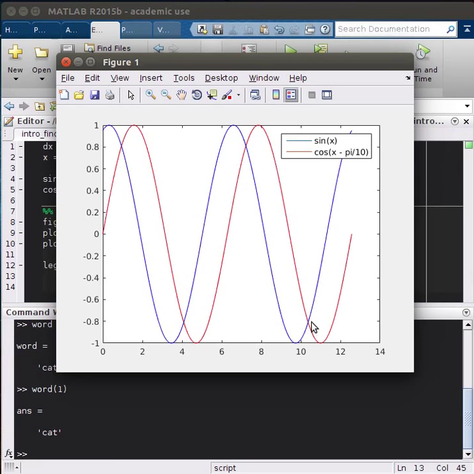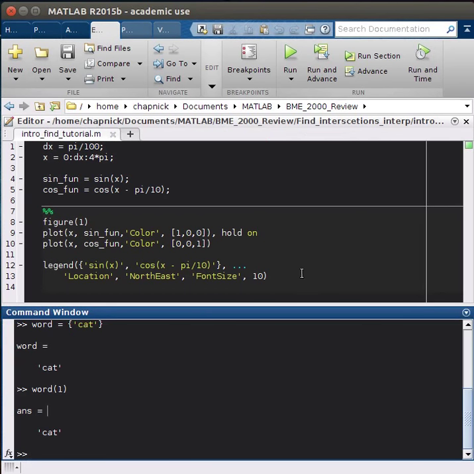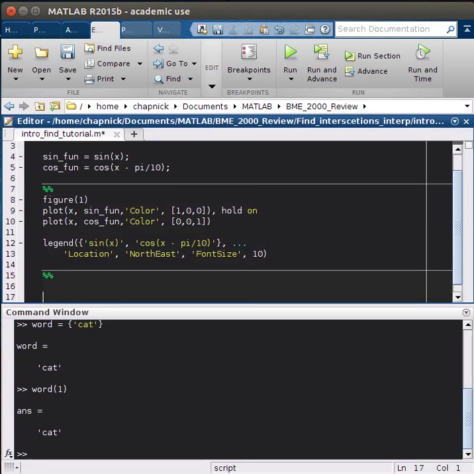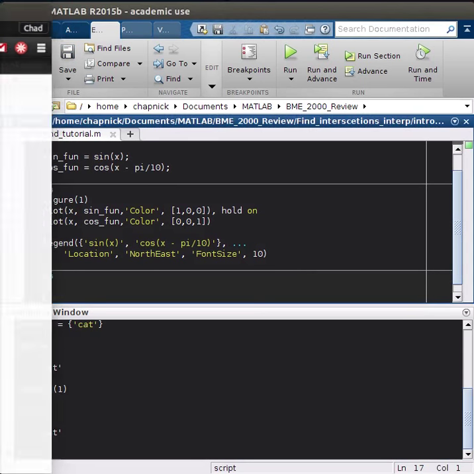There's an intersection right around here, near x equals 10, but also sort of near 11. So let's use the find function to see if we can find where this intersection occurs.